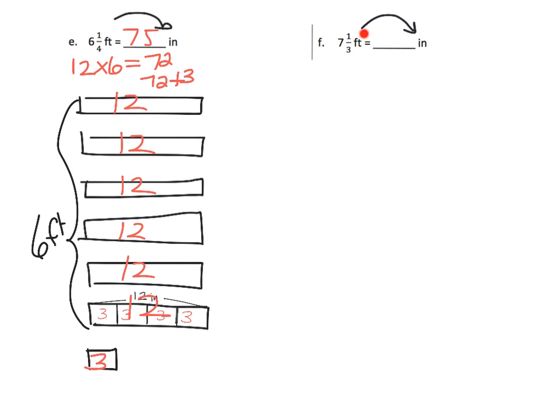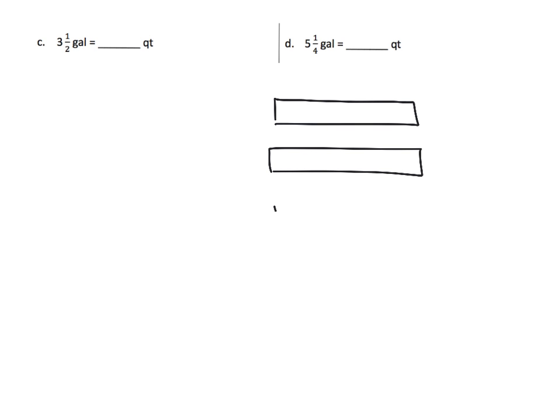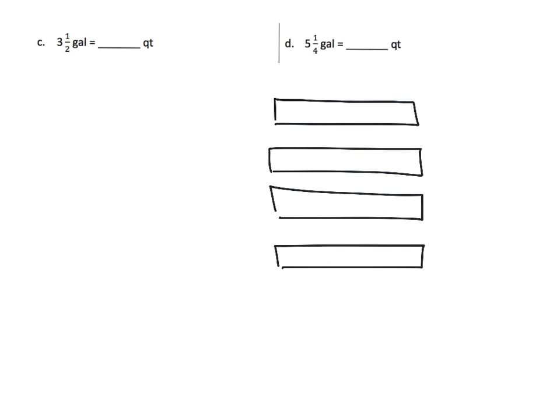This problem is basically the same, only our fraction is going to be a little bit different. Let's do this problem. 5 1/4 gallons. So we're going to start by drawing 5 gallons. So 1 gallon, 2 gallons, 3 gallons, 4 gallons, 5 gallons.